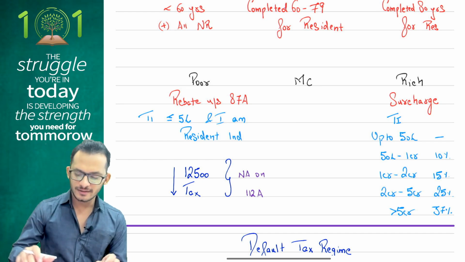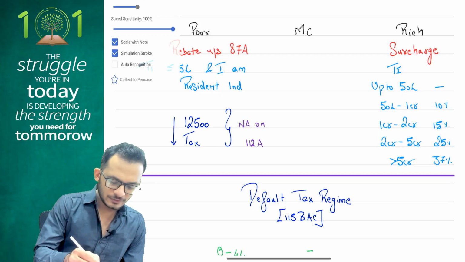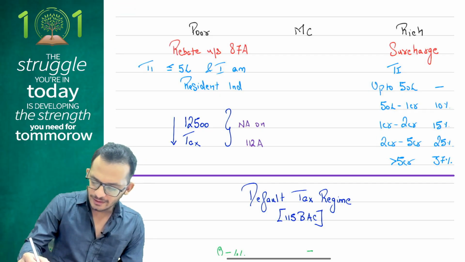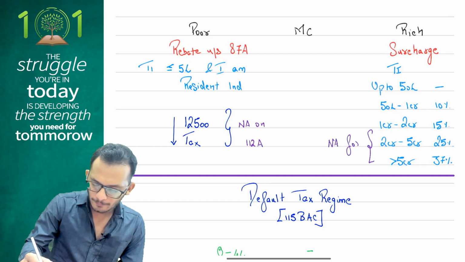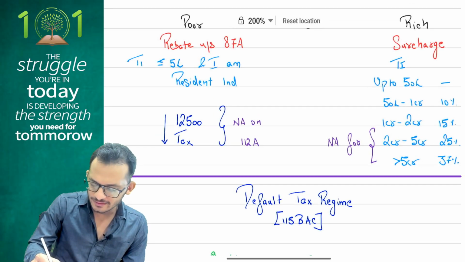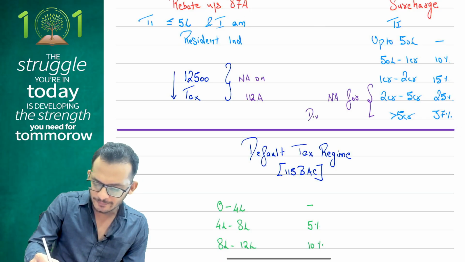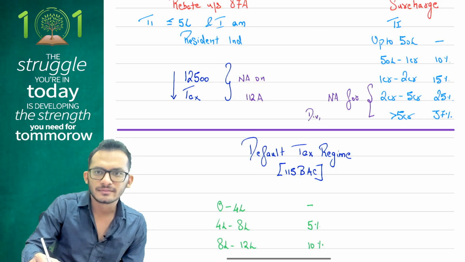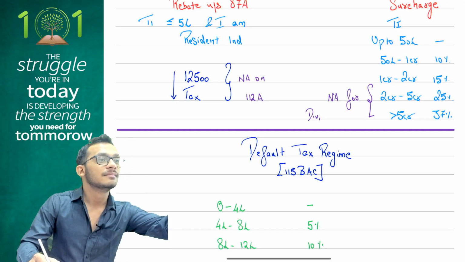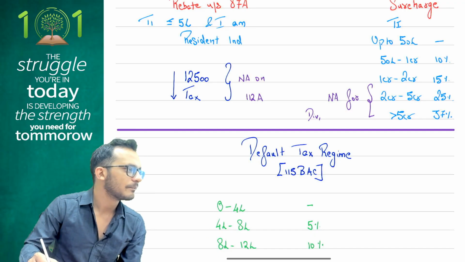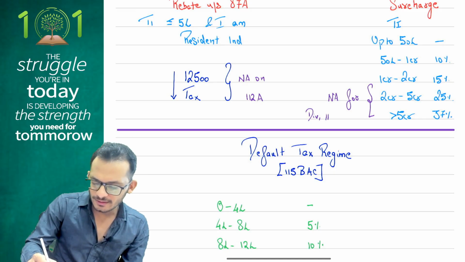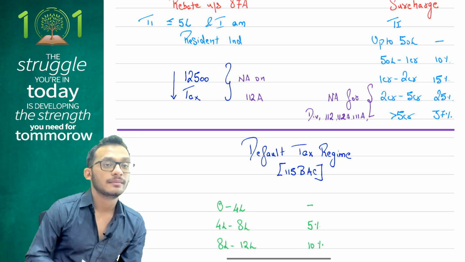Now this thing we did not discuss, but I'm assuming you know that this 25 and 37 is not applicable on dividends and all special capital gains: 112, 112A, 111A and dividend income.